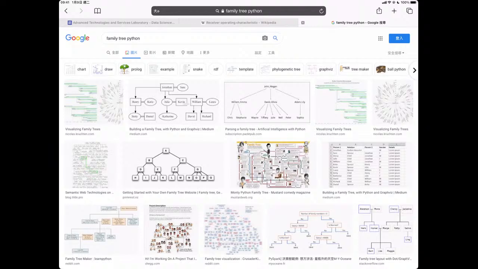You can simply just Google, okay, family tree or Python, something like that.